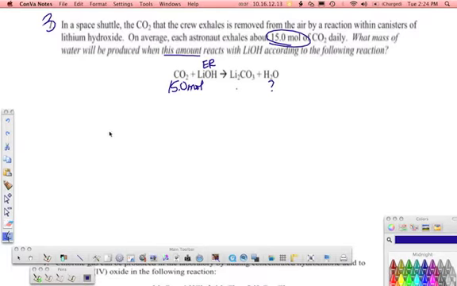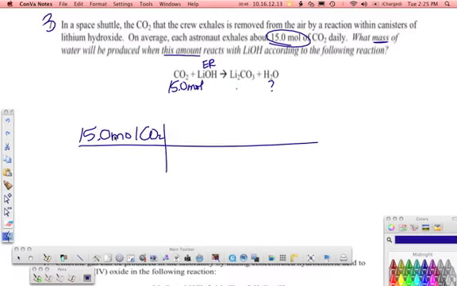So they want to know what mass of water, so we've got to go all the way to grams. Starting with our 15 moles of CO2 and just a simple stoichiometry, since we're in moles of CO2, we get to start with our mole ratio. Same balanced. You put 2 right there. Doesn't matter for our calculations, but you know. 1-to-1 ratio.